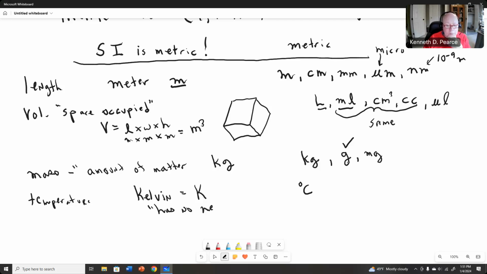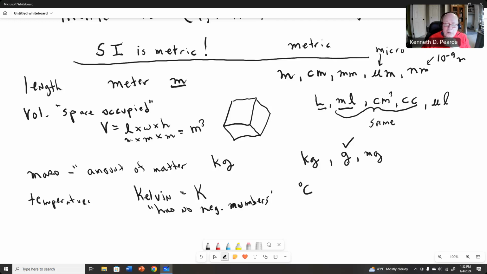More on that a bit. There we go. Kelvin has no negative numbers. And in certain calculations, particularly gas law calculations, if you have negative numbers, you will get very unreal numbers, such as negative volumes and negative pressures, which there's no such thing.